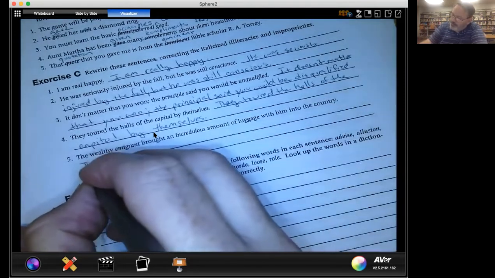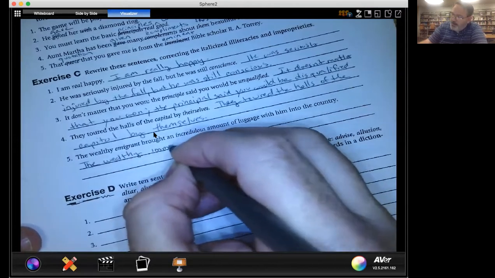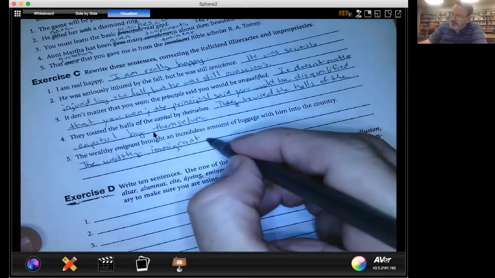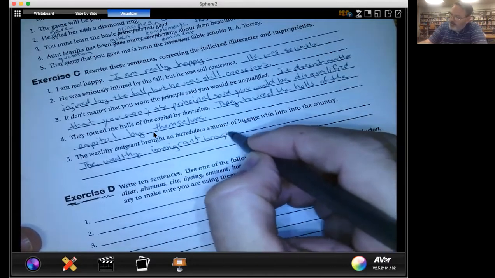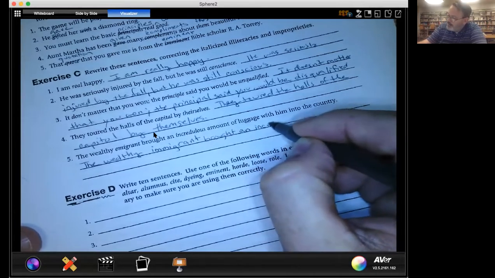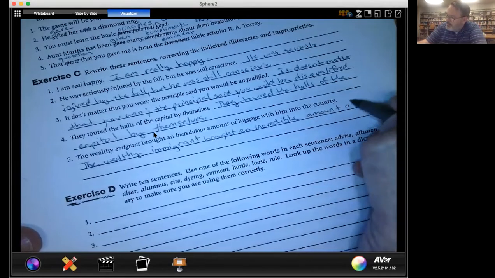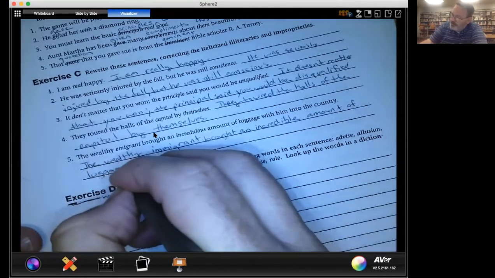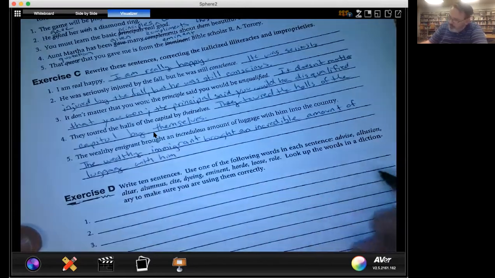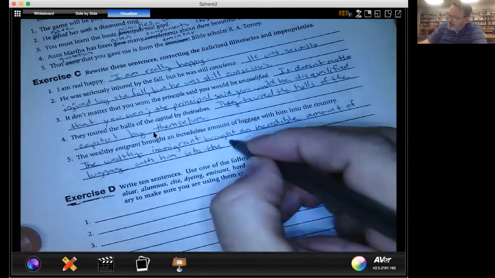So the wealthy I-M-M-I-G-R-A-N-T, brought an incredible, not incredulous, amount of luggage with him into the country.